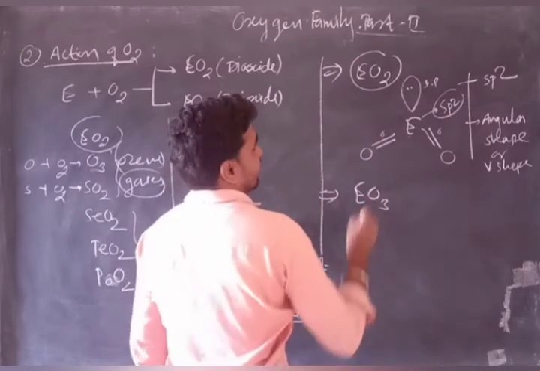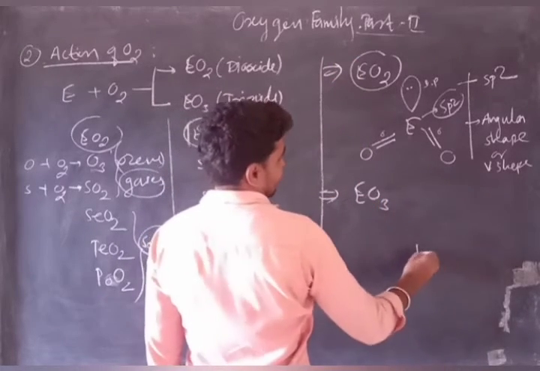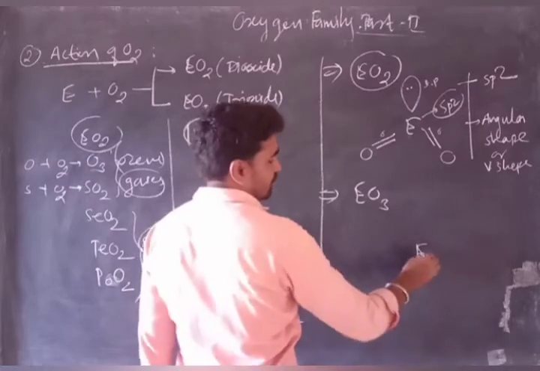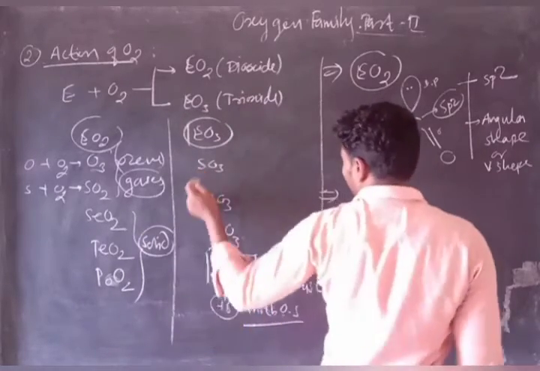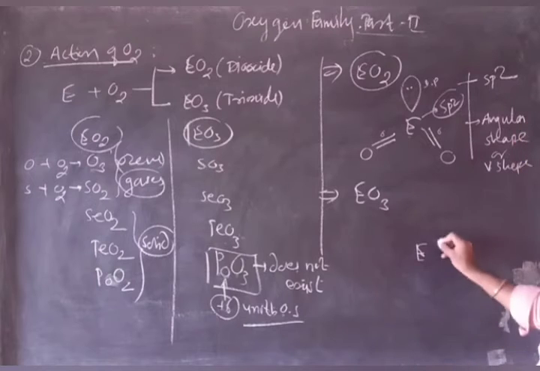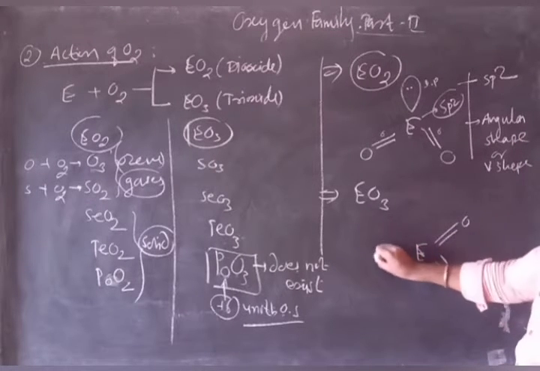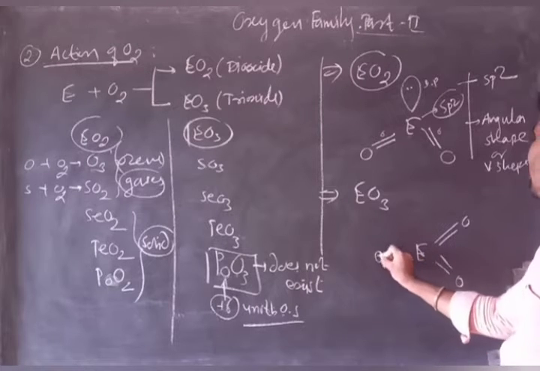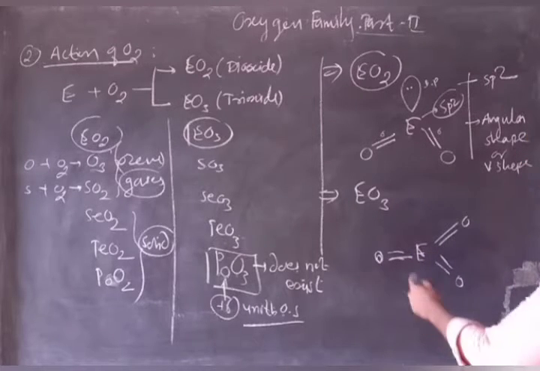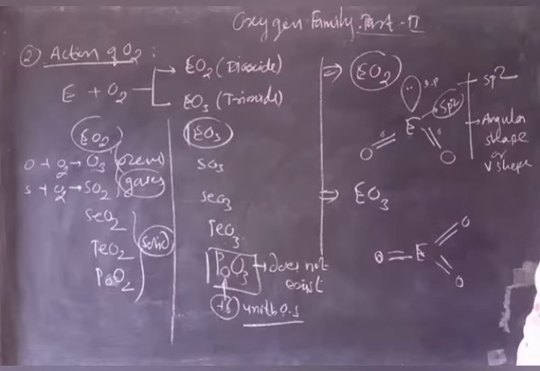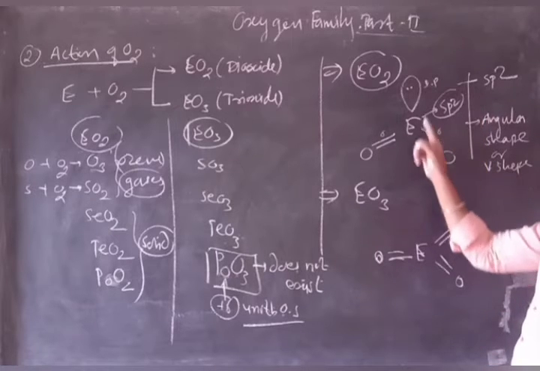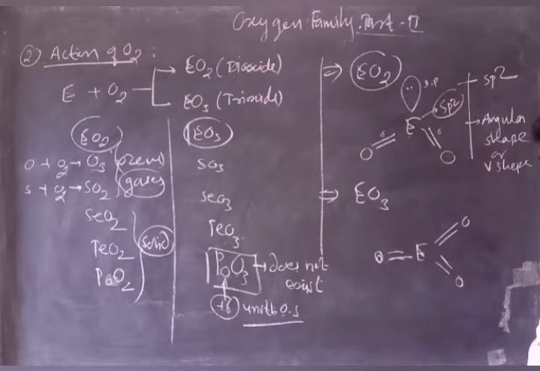And if we see the trioxide, at the center there is an element which may be sulfur, selenium, or tellurium. Here it forms double bonds with 3 oxygens, and no lone pair is present. You can easily count the bond pairs and lone pairs by looking at the picture.